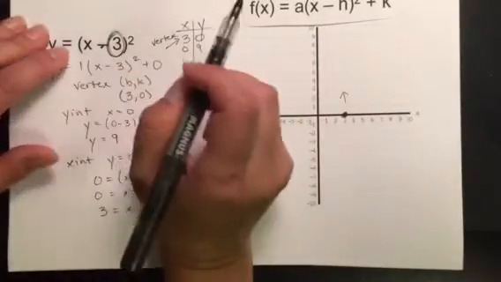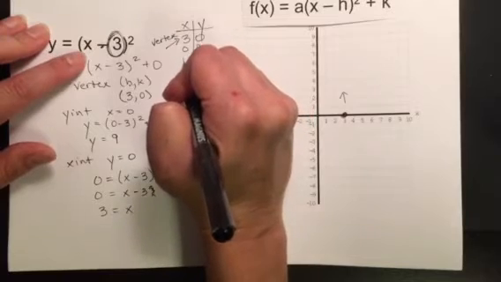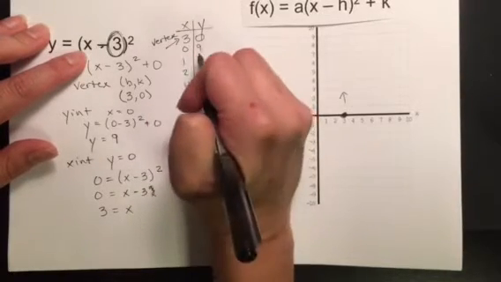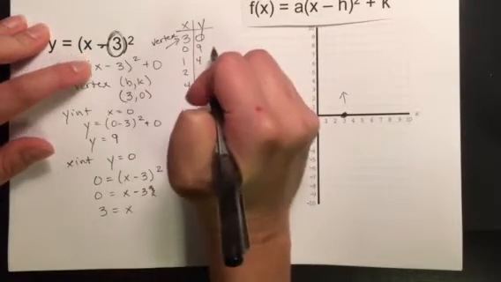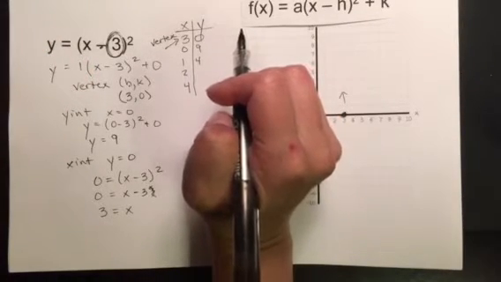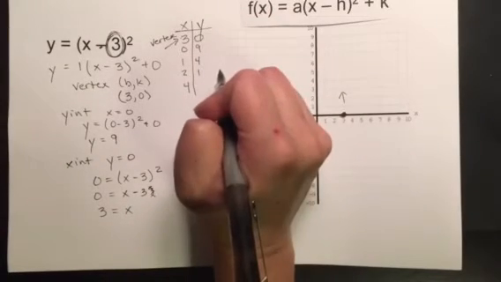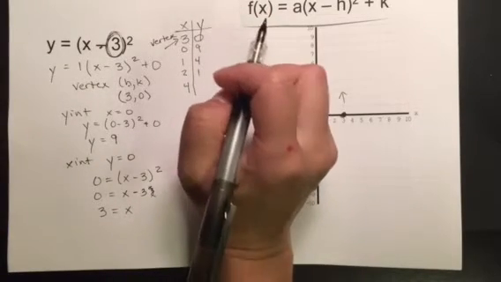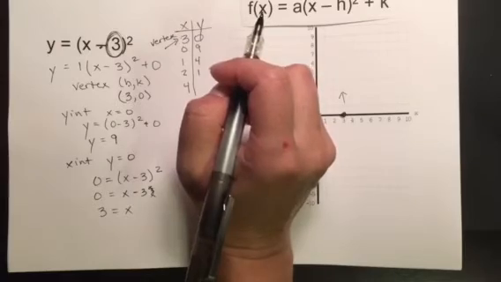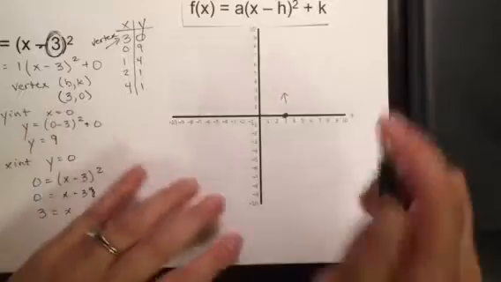So 1 minus 3 is negative 2. Negative 2 squared is 4. 2 minus 3 is negative 1. Negative 1 squared is 1. 4 minus 3 is 1. 1 squared is 1.